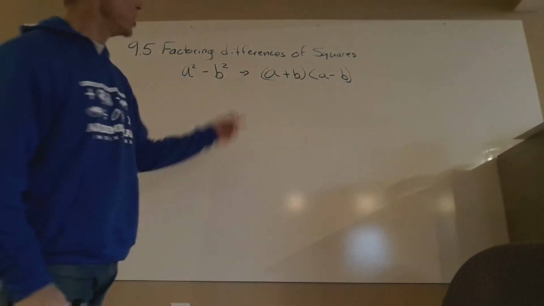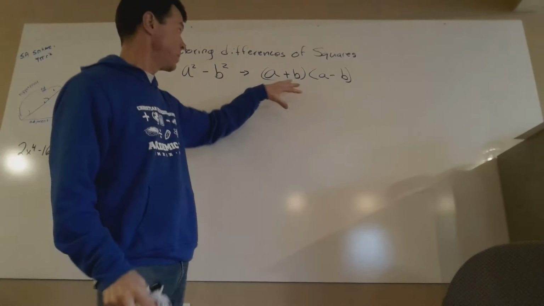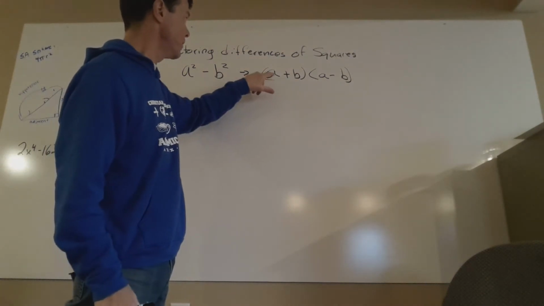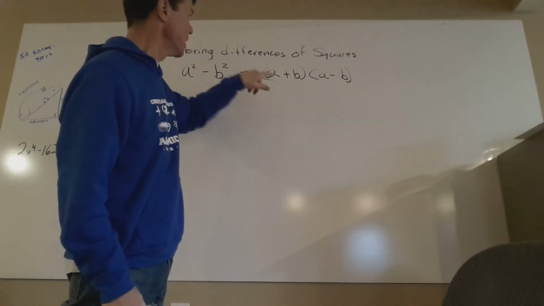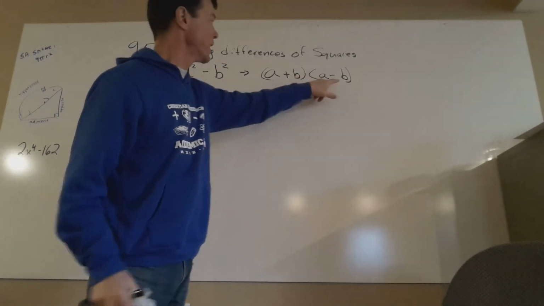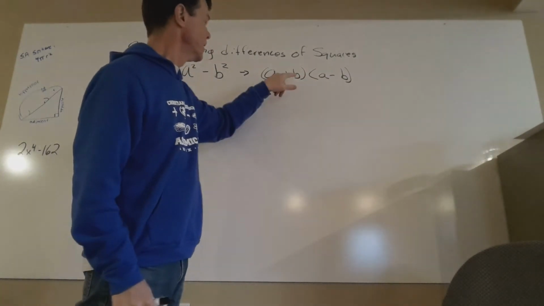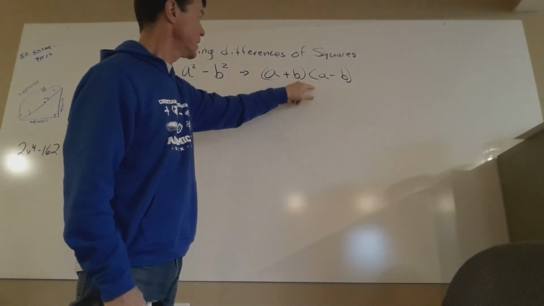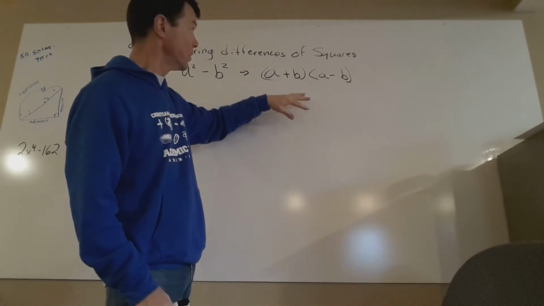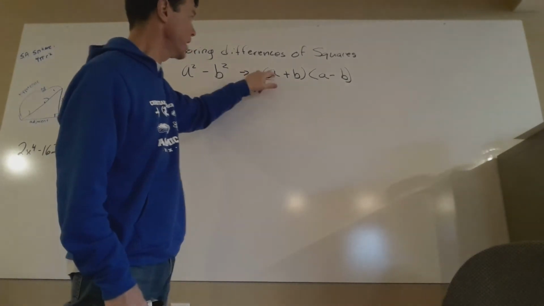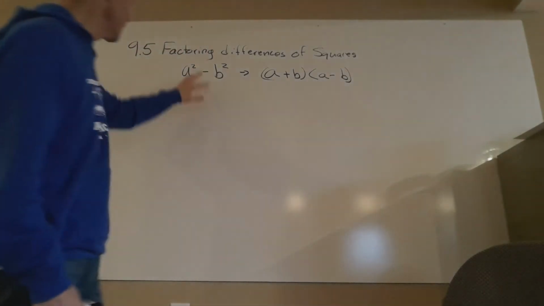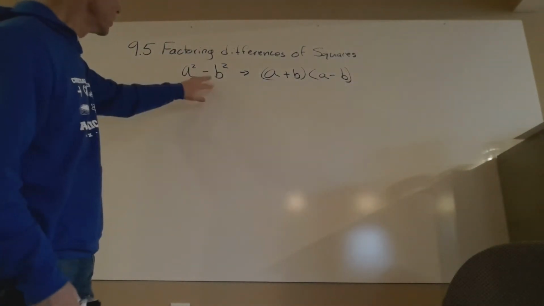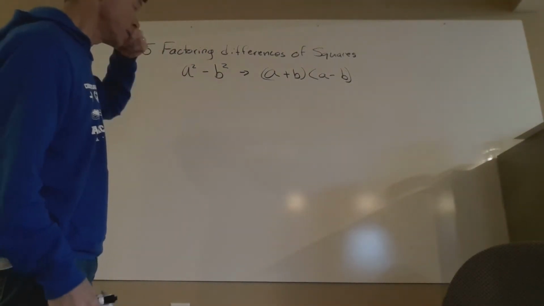And you remember from chapter 8, when we multiply these out using FOIL, you have a times a, which is a squared. A times negative b is negative ab. B times a is positive ab. Those cancel in the middle, and when you simplify, you get a squared minus b squared. So we're just going in reverse to factor these.